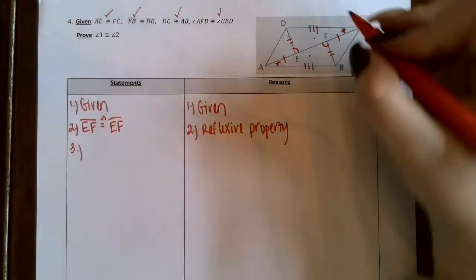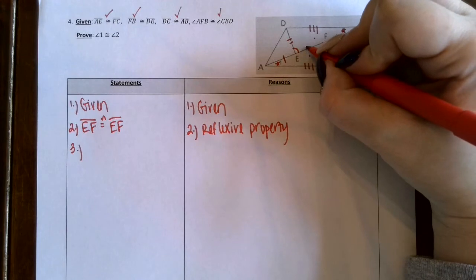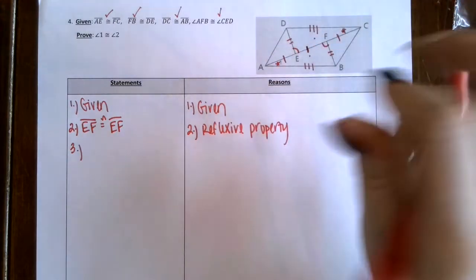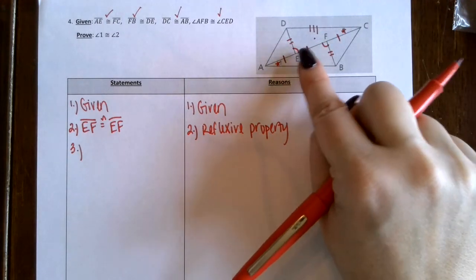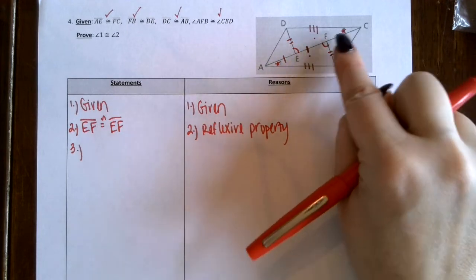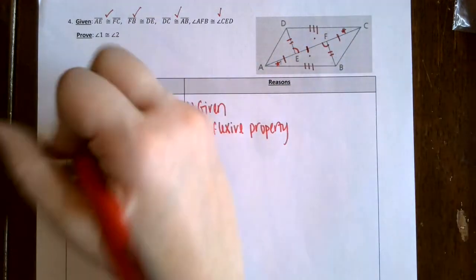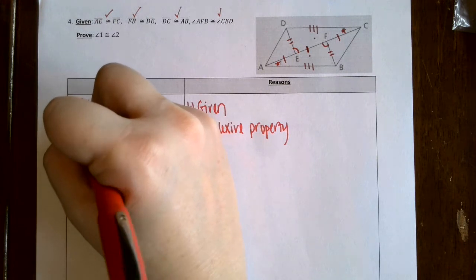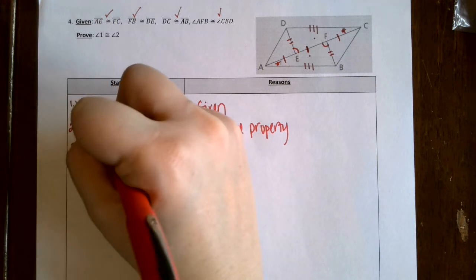Okay, and then with reflexive, which would be this piece here, I can say these two pieces added together and these two pieces added together would make my totals. So I can say AF is congruent to CE.